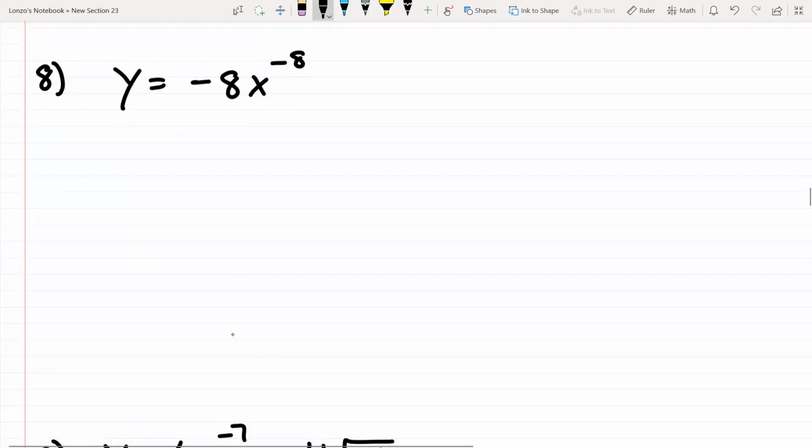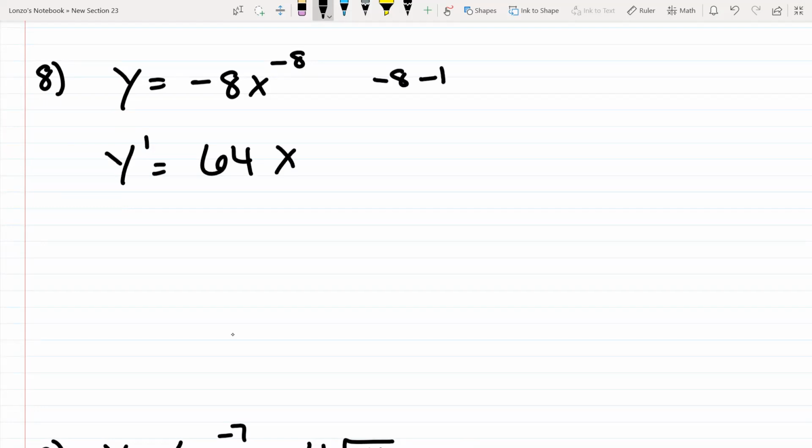Okay, number 8. To take the derivative of this one, I think you just apply power rule. So it's y prime equals, so you do -8 times -8, which is positive 64 x, and then -8 minus 1 is -9.